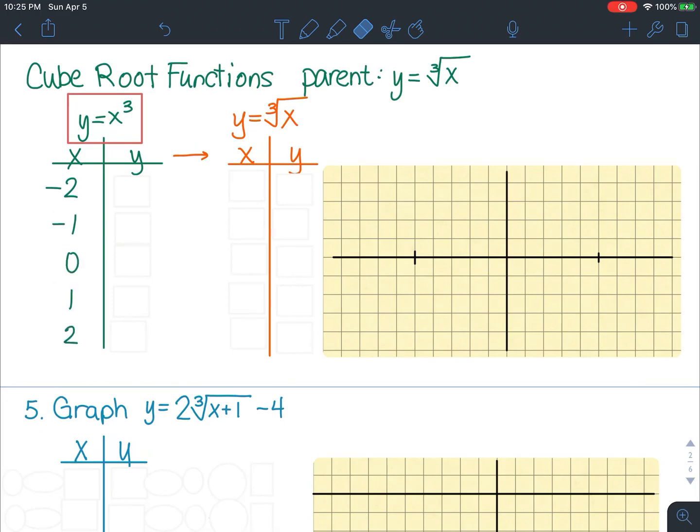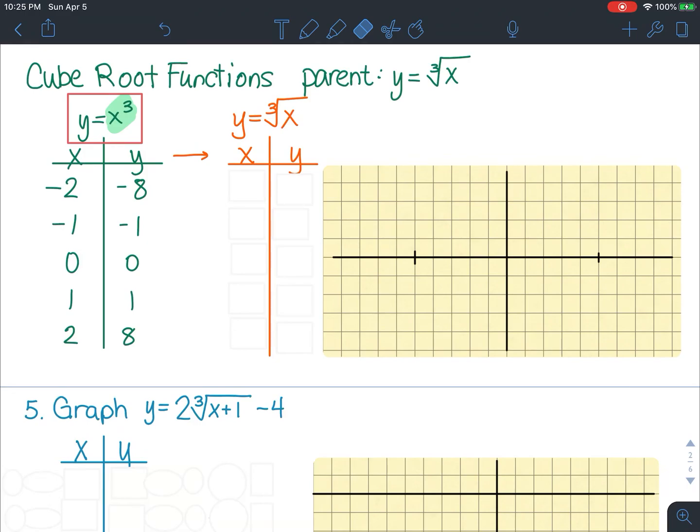These are the ones that I like to use, and hopefully you remember this from way back when, because we have graphed x cubed before. So if I use these x values and put them in for x cubed, then I'll get negative 2 cubed is negative 8, negative 1 cubed is negative 1, 0 cubed is 0, 1 cubed is 1, and 2 cubed is positive 8.